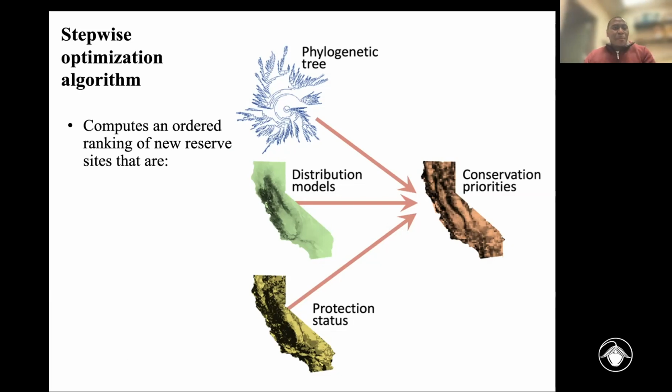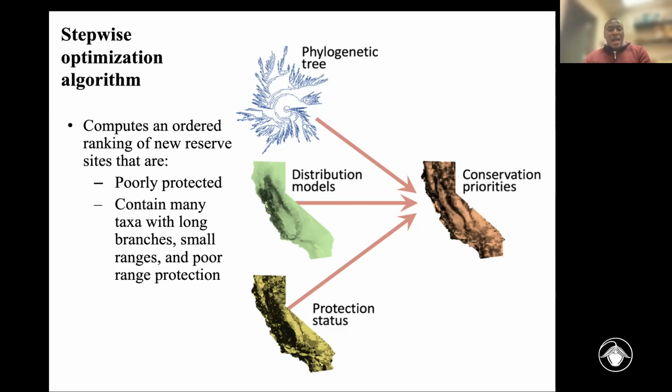So this is a stepwise optimization algorithm that was developed as part of this funded project, of which Brent was one of the coordinating PIs, whereby it computes or ranks important areas that need to be prioritized as poorly protected. These are areas not yet represented, that is, the range of those taxa is not found in current protected areas in California, and they have long branch lengths, small range or poor range protection.